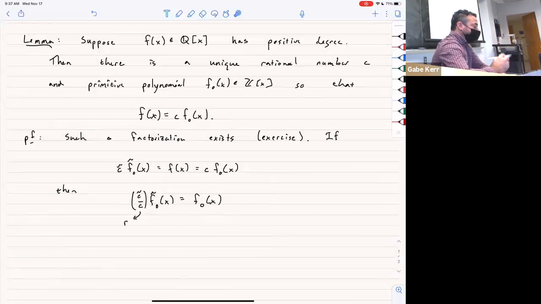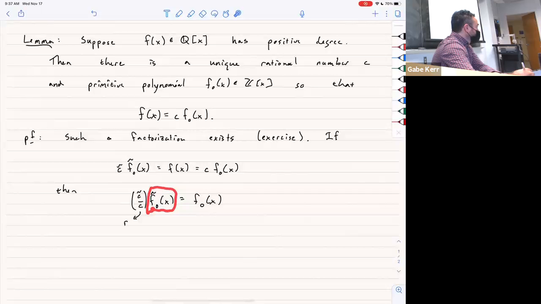What I would say first is, f naught is an integer polynomial, with integer coefficients. So if r had a denominator, writing it as p over q in lowest terms, then that denominator would have to divide each of the coefficients here.